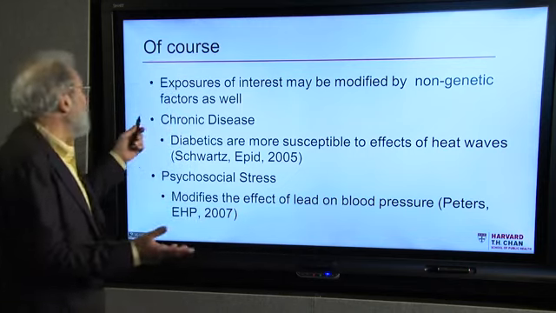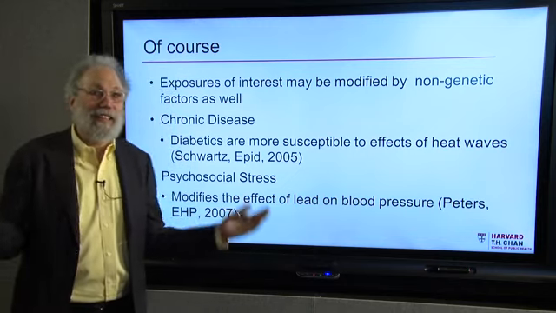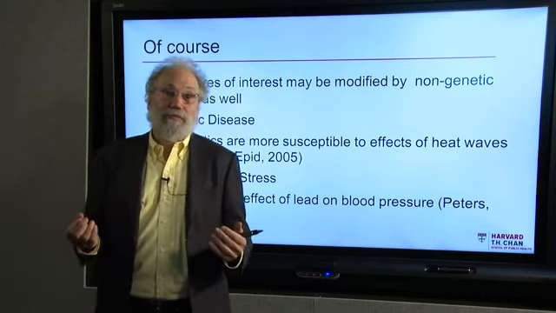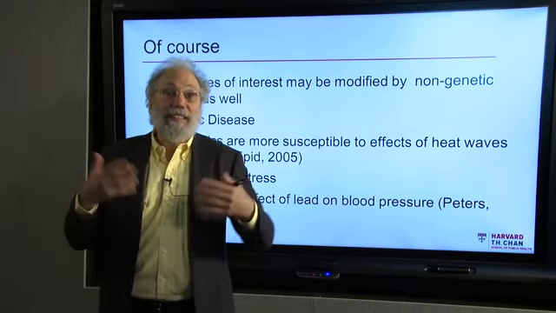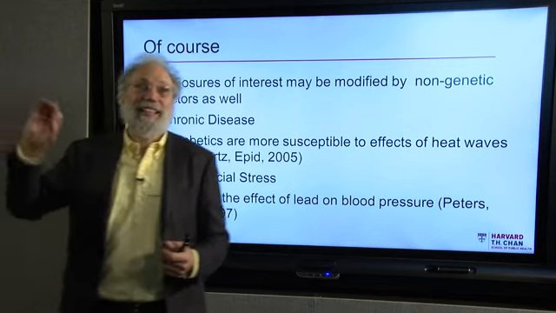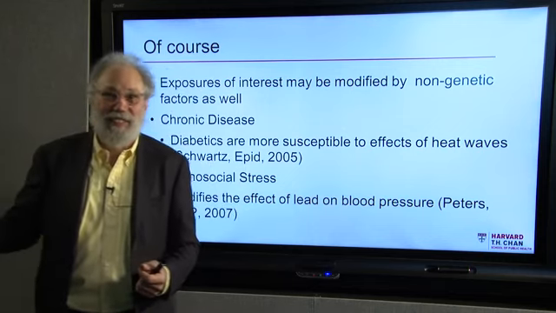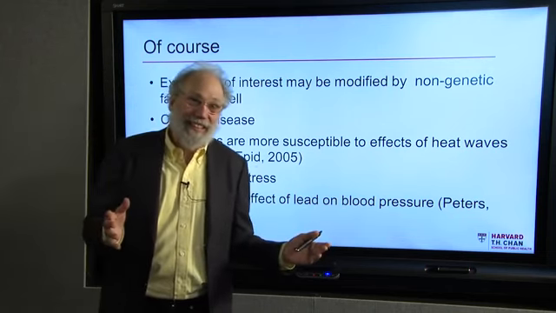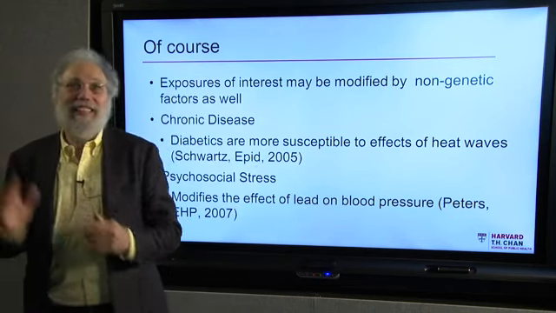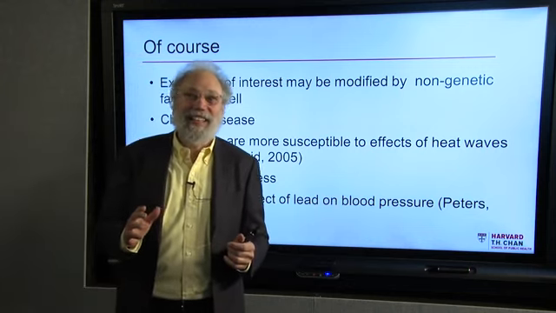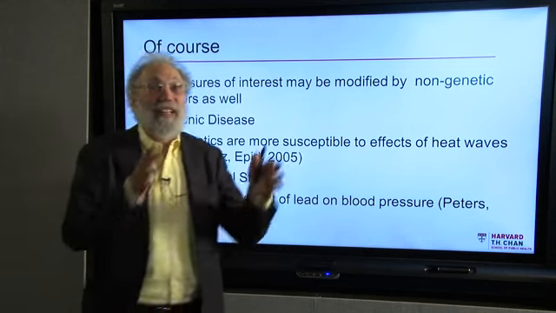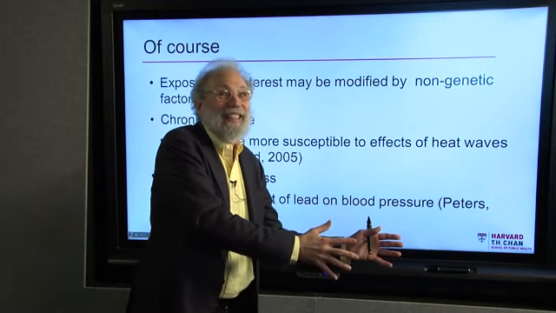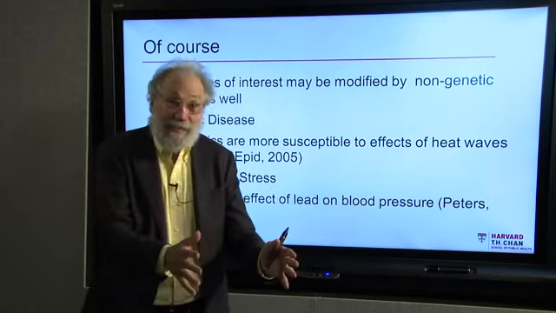But of course, chronic disease isn't the only thing that matters. Psychosocial stress is very important. And no matter what those executives tell you about how tough their job is, it's the poor people who are subject to psychosocial stress, because not knowing whether the stockholders are going to be happy at the next meeting is different from not knowing whether you can afford both to take your kid to the pediatrician and buy food.